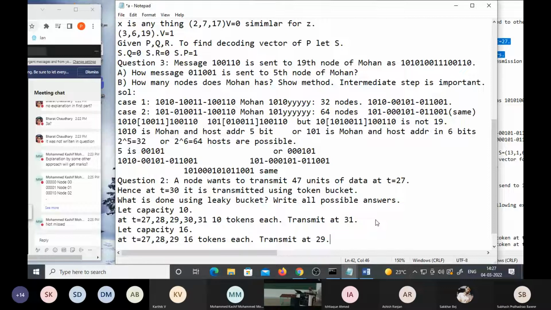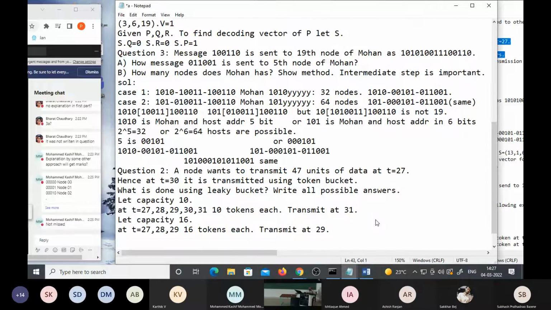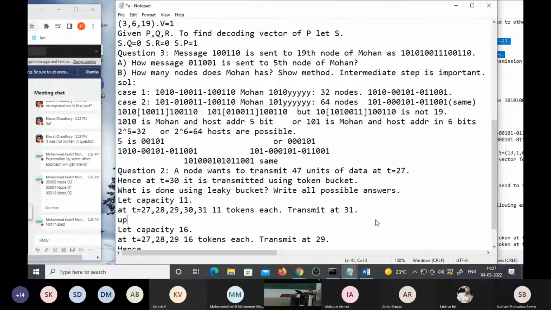So capacity is between 12 and 15. In place of 10, let me even take 11. 11 tokens each, transmit at 31. Up to t equal to 30, only 44 tokens are there.